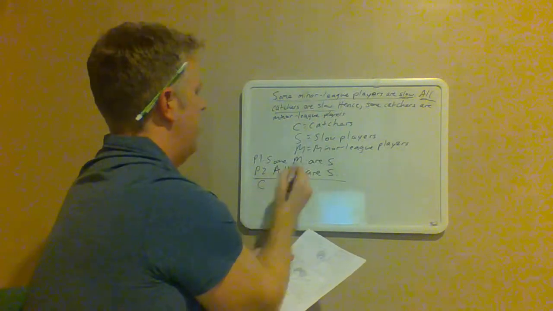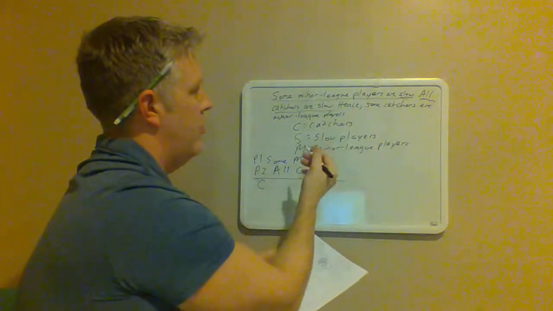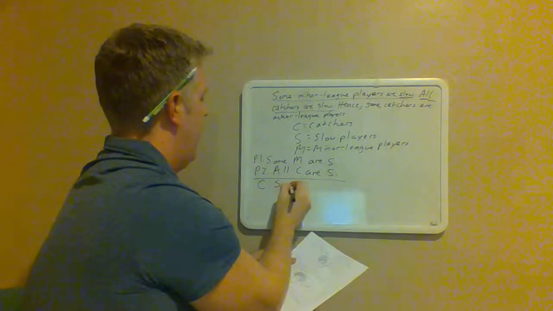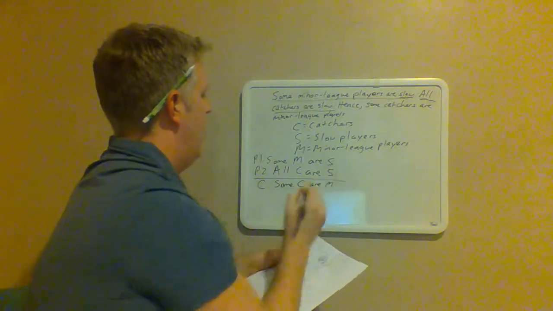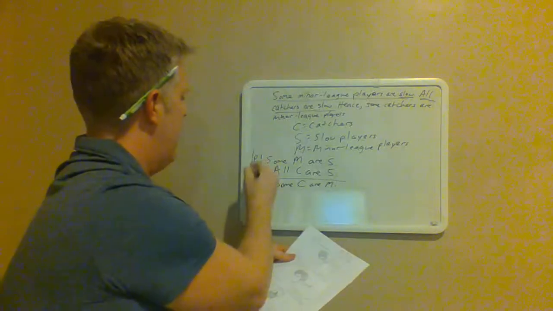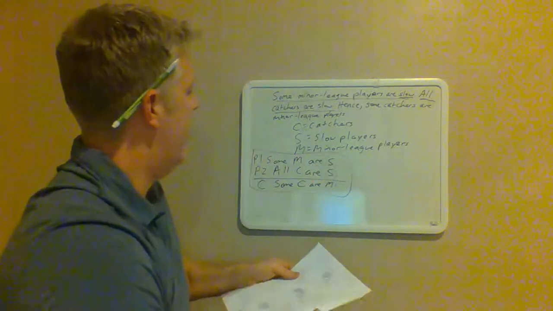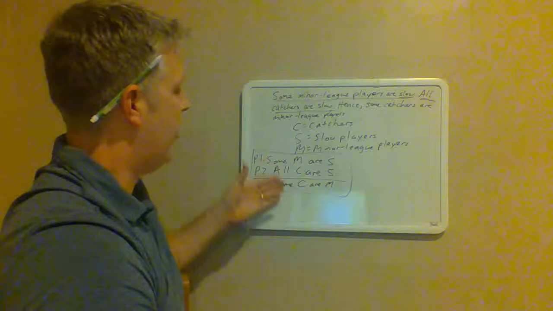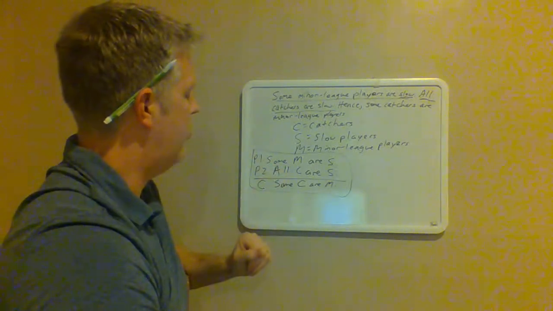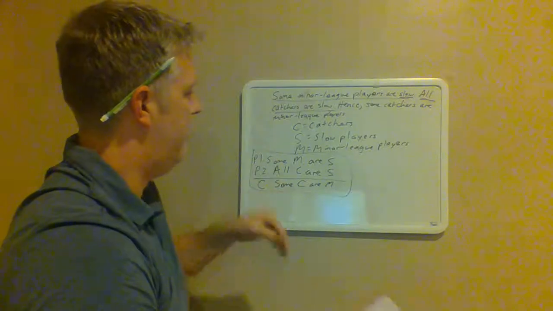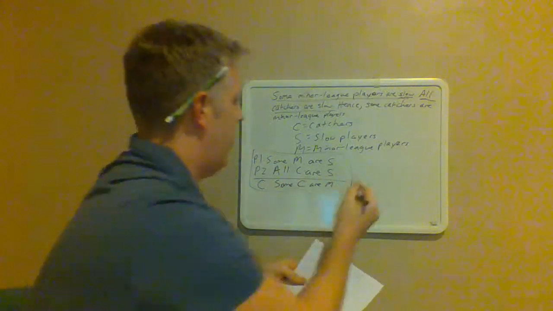And then they want us to conclude, hence is an indication of a conclusion, some C are M. All right, so we've got this mapped out, right? Our 3 claims. We have a categorical syllogism here. We have 3 different terms that are all used exactly twice, okay? And all these are in standard form. So we can go ahead and start to diagram, right?